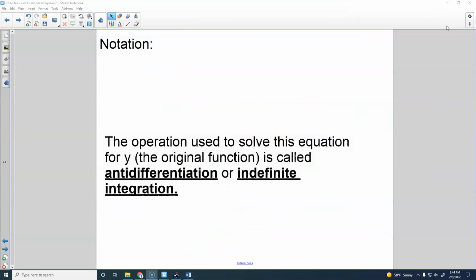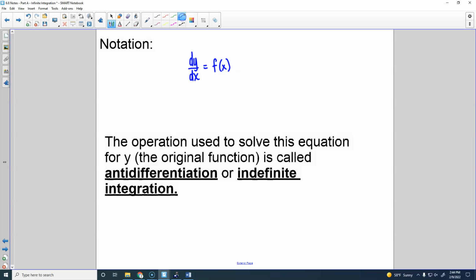Okay, so some notation that we have looked at before. Another way that we have said the derivative is we've called it dy dx. So if we have something like dy dx equals, I'm going to call it f of x. So you guys were asking about that dx notation.